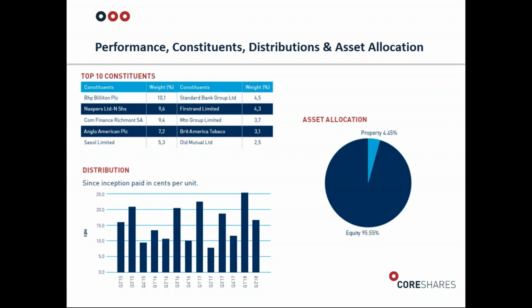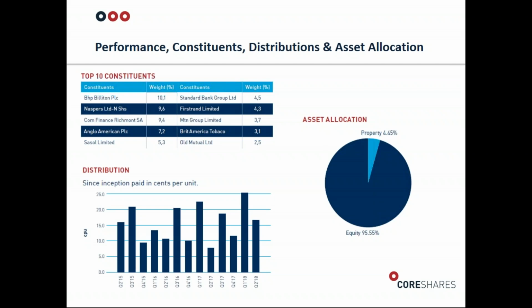That's how we try to position it: giving you a similar return to the Top 40, hopefully better because you pick up an extra 10 shares over long periods of time, but with a lot lower level of risk. Your effective share exposure, the actual number of shares which drive your performance in this fund, is around 25 because of the large shares, whereas in a Top 40 it's around 10.